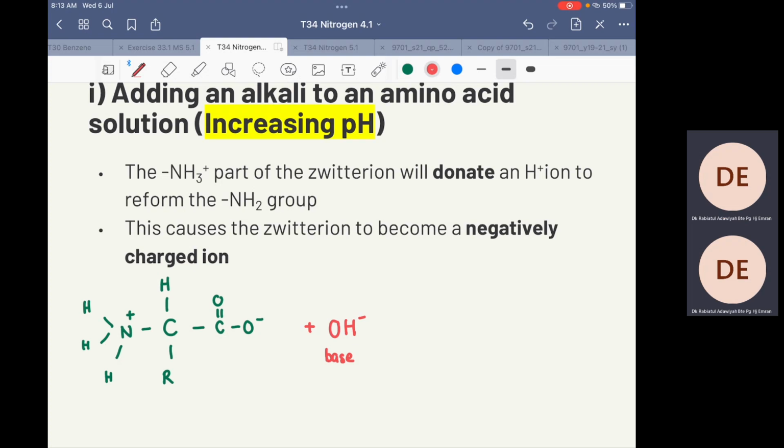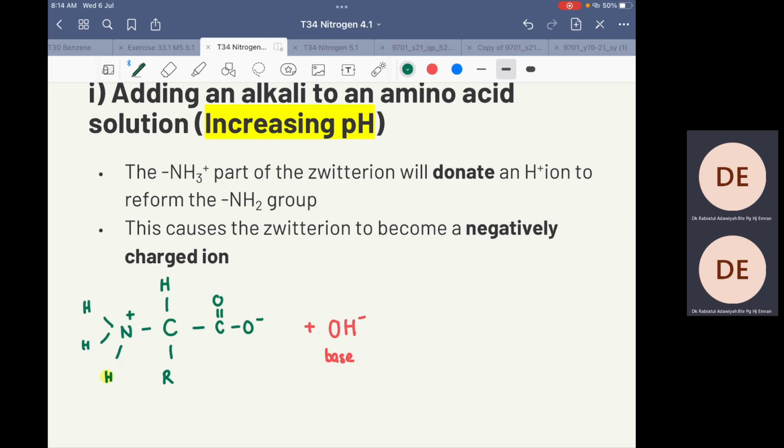NH3 plus, okay? I shouldn't call this the amine group because it's no longer an amine. Yes, you are right. So the hydroxide ion will pick up a proton from the NH3 plus, not the COO minus, because that already is a conjugate base.